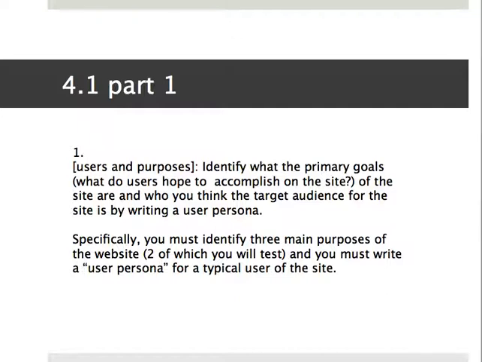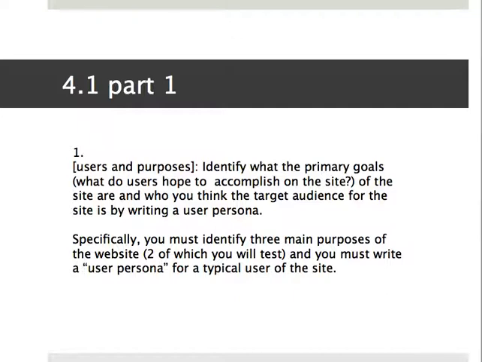So there are different components to this, and part 1 is users and purposes. This is going to come in the introduction. You're going to identify what the primary goals of the site are and who you think the target audience for the site is by writing a user persona. So you're going to create that persona like we already have, so you can use the same template.